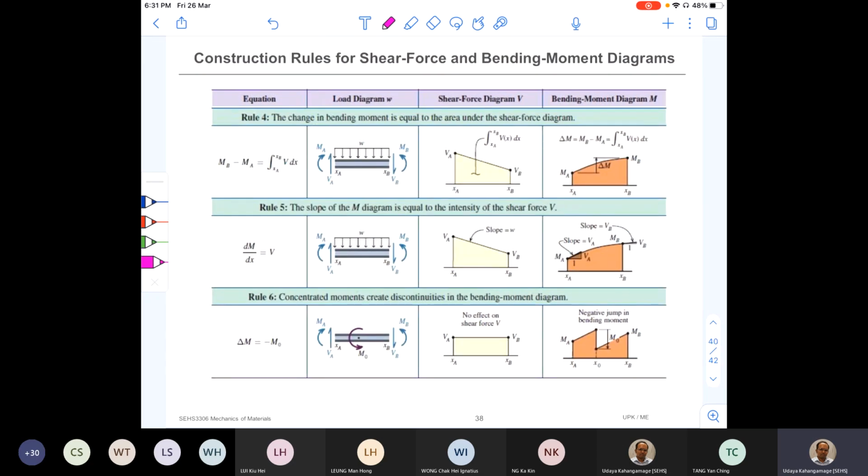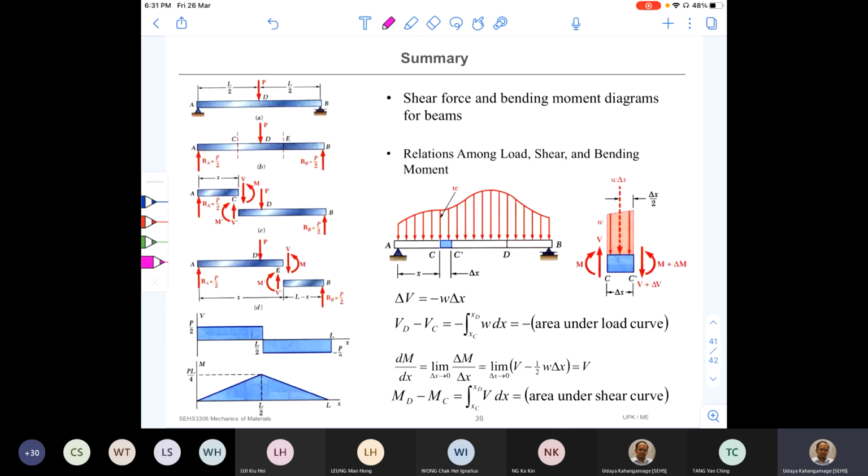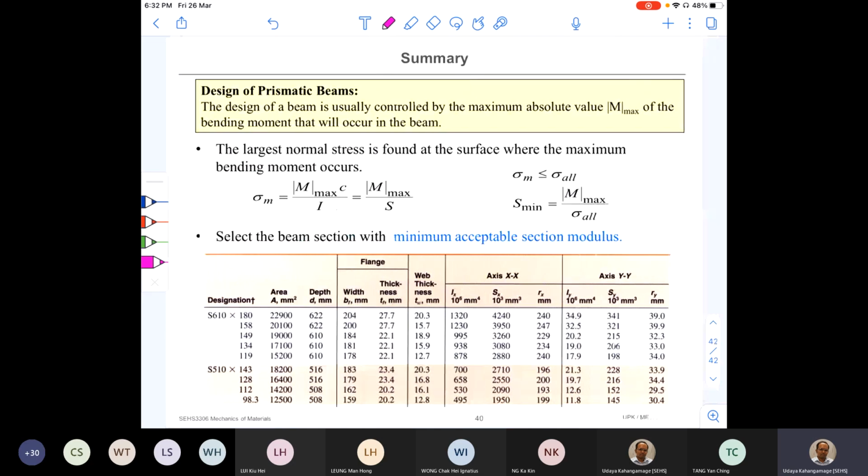So by using these rules, you can construct your shear force and bending moment diagrams faster. Okay, the summary I already summarized right before. So we learned how to construct shear force and bending moment diagrams using the method of section, and then we extended our understanding to develop them without writing any equations, right? And lastly, we learned how to design a beam.